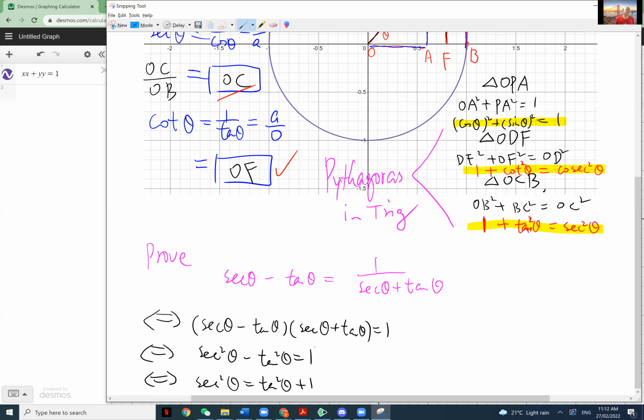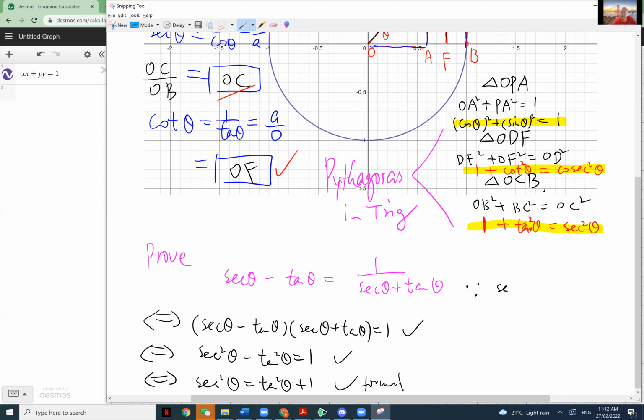This symbol is about the equivalent. So the part you need to prove is equivalent to here, equivalent to here, equivalent to here. But this is the formula we know. So when you really prove, if you don't like this backwards, you can just write this.